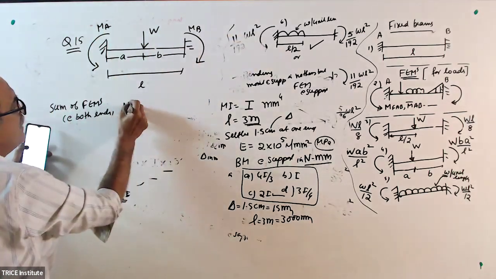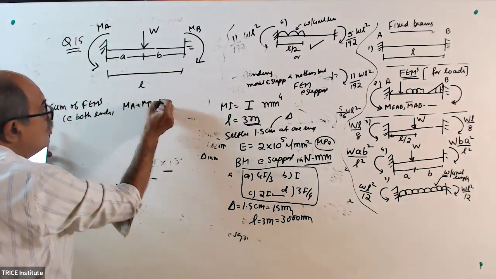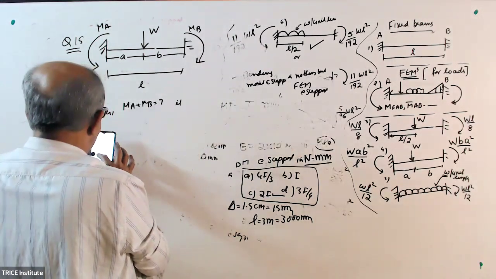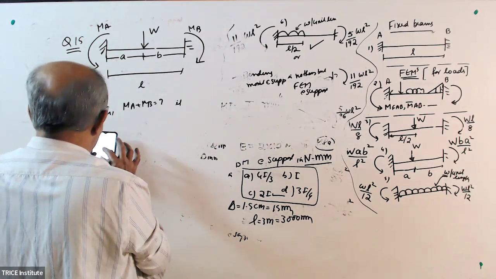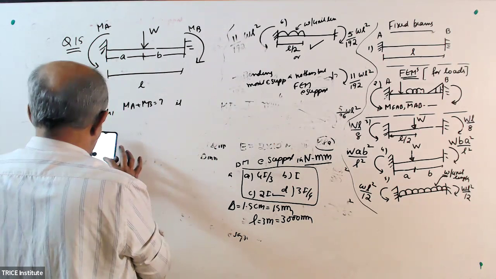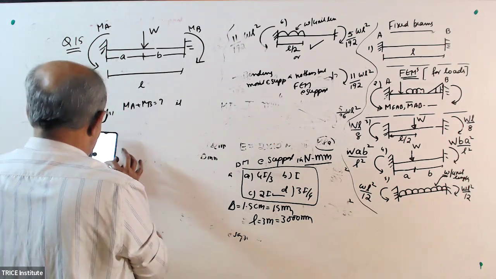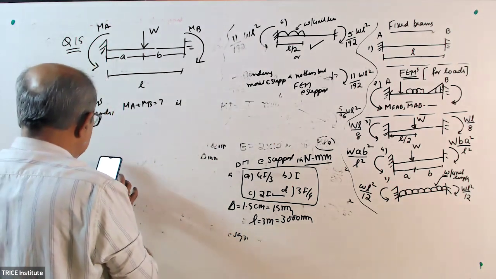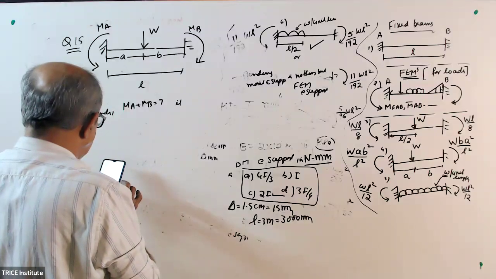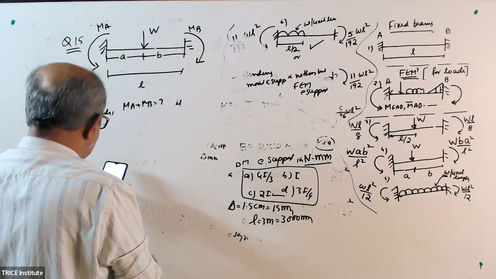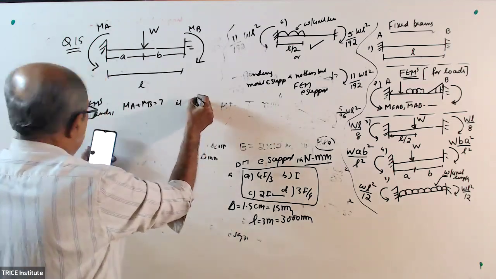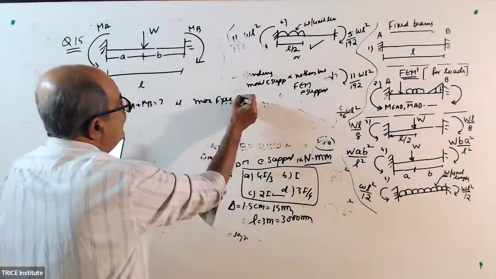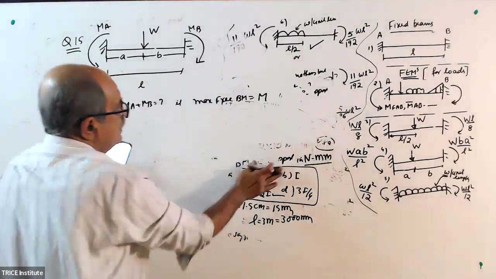They want MA plus MB, if the maximum free BM is M. Okay, tell me.